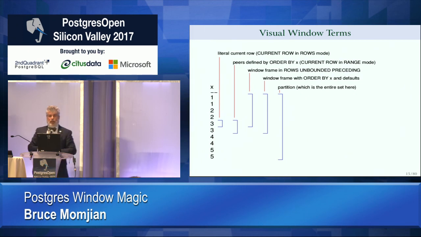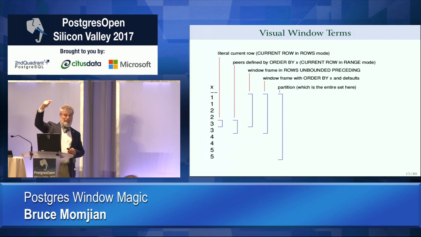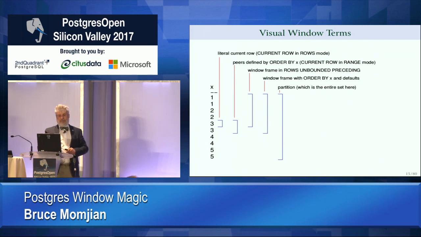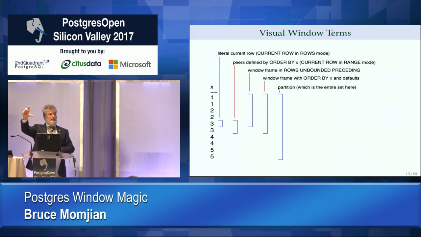Third one, unbounded preceding to current row. That's the beginning of the data set to the current row. Unbounded preceding to current row in order by mode actually includes the other three that's part of it. The last one is effectively the entire partition. So that would be unbounded preceding to unbounded following.